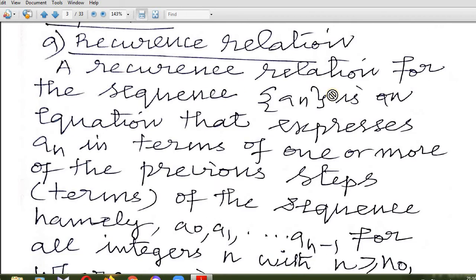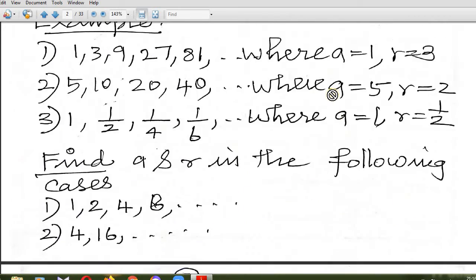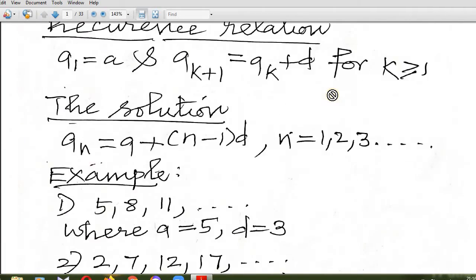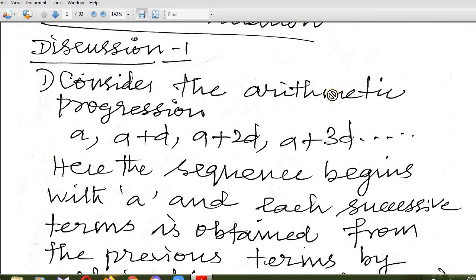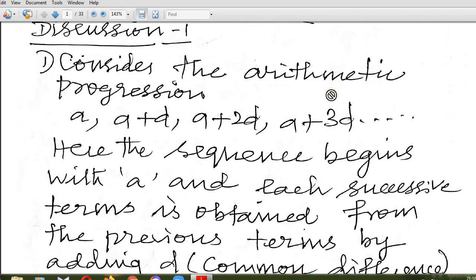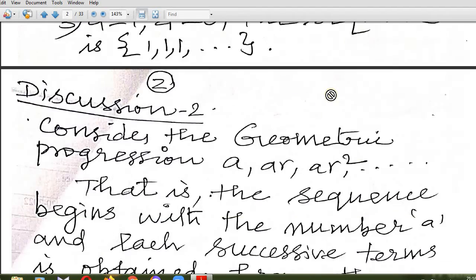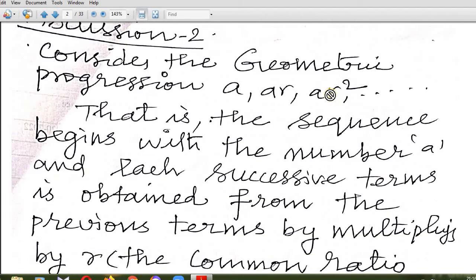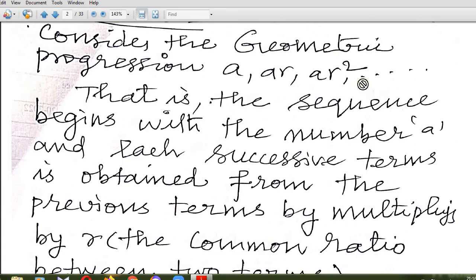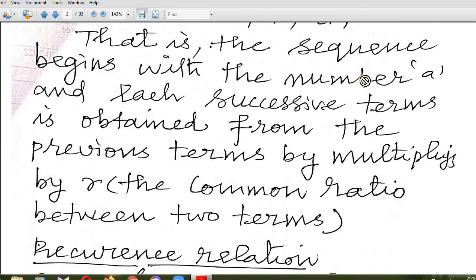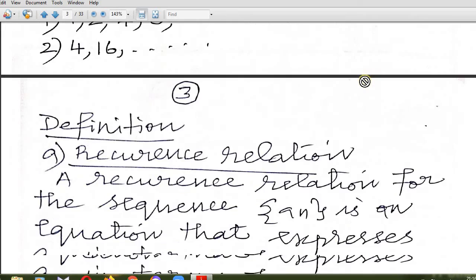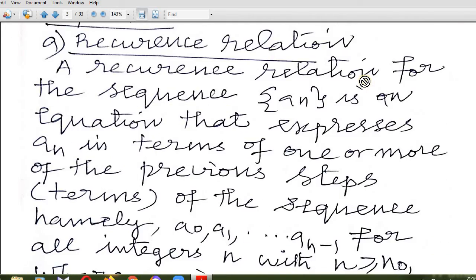Now the definition comes. After understanding the two special types of sequences of numbers above, arithmetic progression and geometric progression, where the successive elements come from their previous elements, we come to the definition of the recurrence relation.